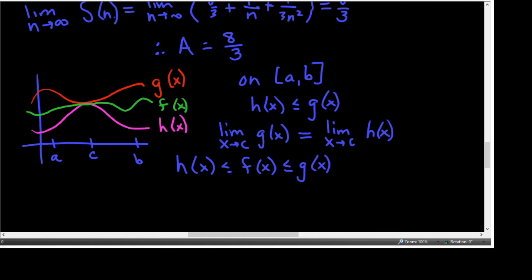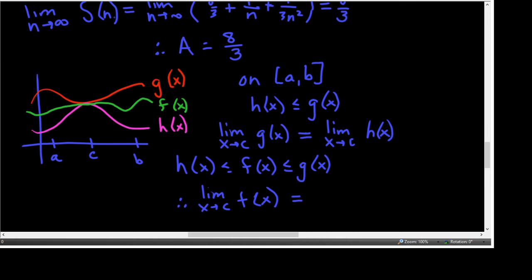Because of the limits for g and h as x approaches c, we can claim that if f is truly always between h and g, then the limit as x approaches c for the function f of x will also have to be exactly the same.